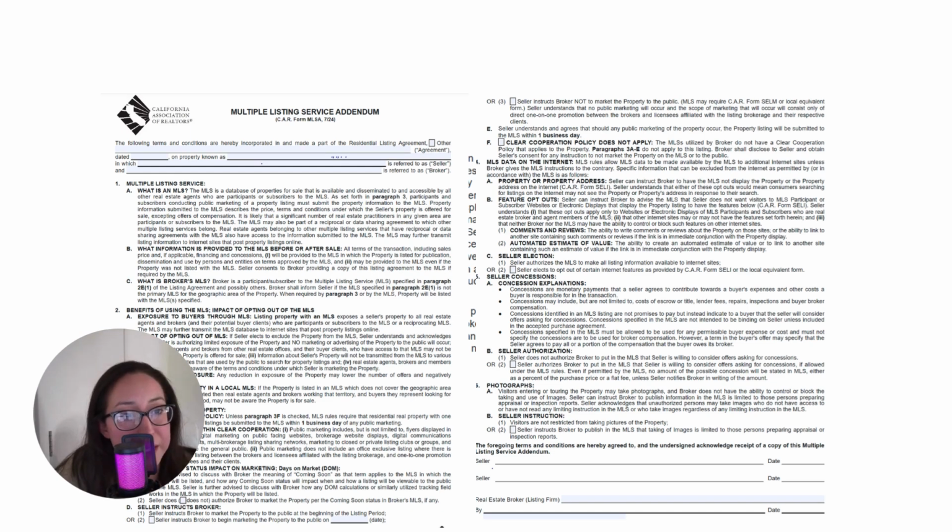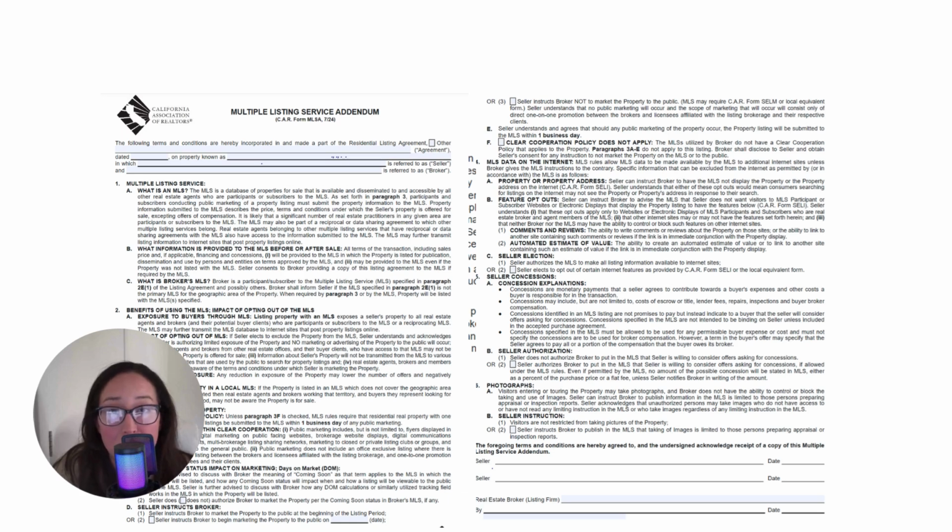Really, it's basically just saying that some MLSs may or may not allow it. So again, there isn't just a flat consistency that, yes, it's going to allow you to mark on your MLS that seller is accepting concessions or not.